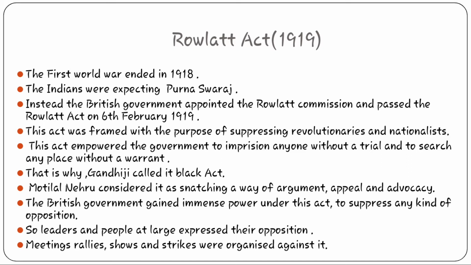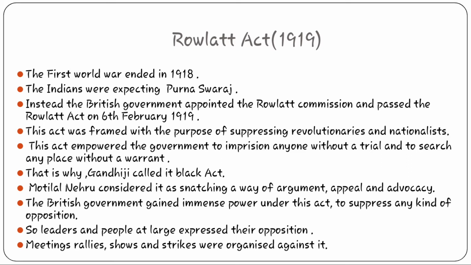This act empowered the government to imprison anyone without a trial and to search any place without a warrant. Please underline that. What was the main drawback of the Rowlatt Act? For us it is a drawback, but for them it is an advantage, a positive point. According to this act, any suspicious person could be arrested and jailed without conducting any trial against him.